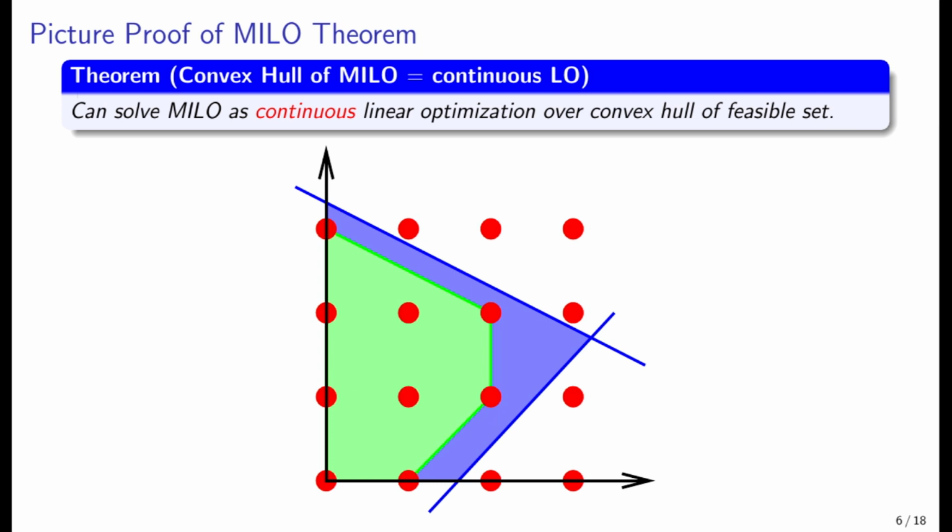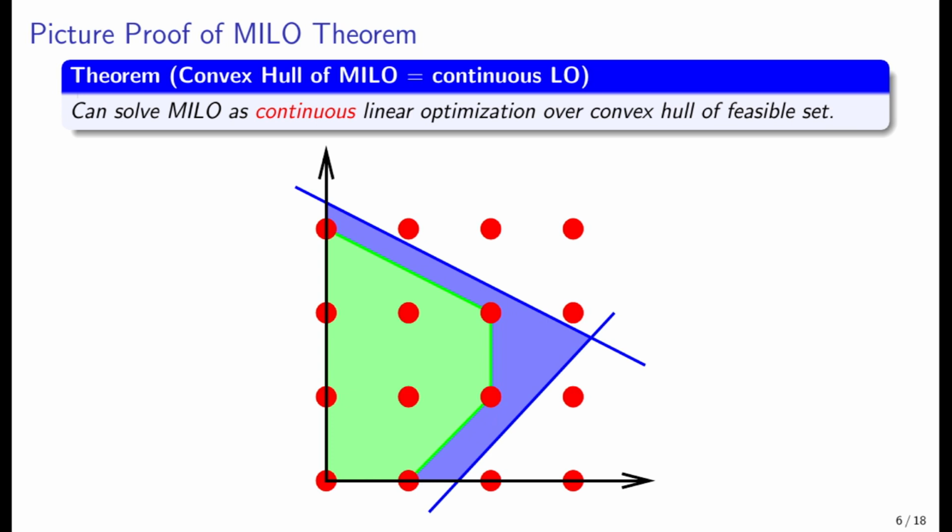And now if you take any linear function that you minimize over the set, the linear function is just a straight line. If you minimize it, you find an integer point. If you choose a different angle, you will always land, or one of the solutions will always be at a vertex or an extreme point of your convex hull.